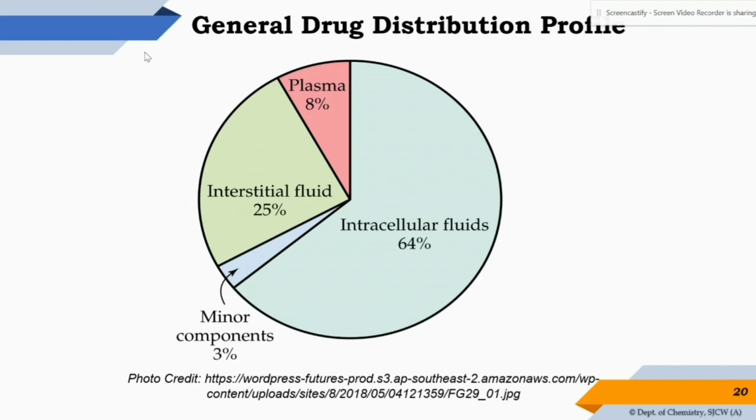That fluid is called interstitial fluid. It will be 25%. You can see this particular 8% plasma is not at all available. Plasma bound drug is plasma bound only. It cannot reach the target site and perform the function. So this is how the drug distribution is, this generalized drug distribution. Of course, specifically it will vary from individual to individual as well as from drug to drug.